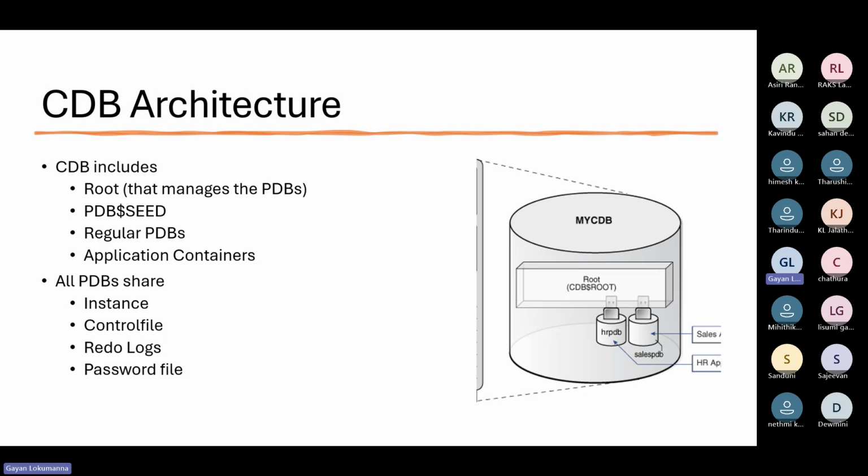Okay, so this is the architecture that you find in the container database architecture. First, you have the root, right? So root is the top person, whether it is called the pluggable database, whether it is called the database or the administrative database, right?